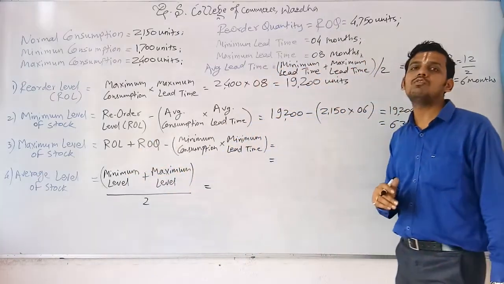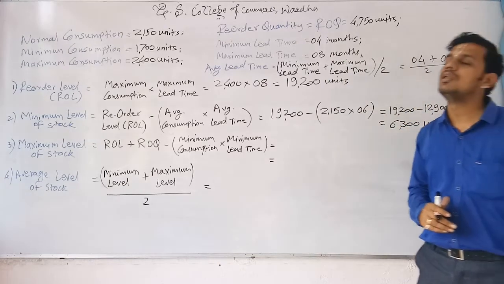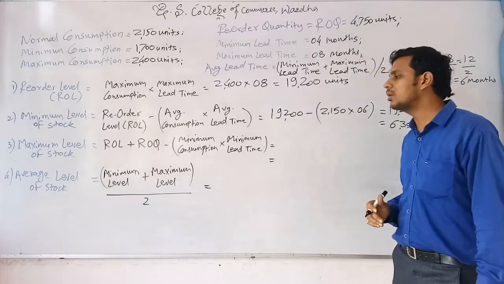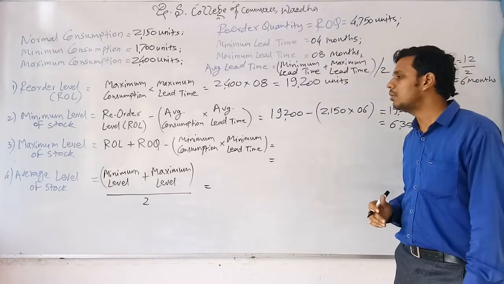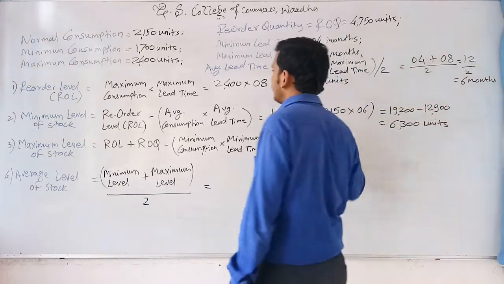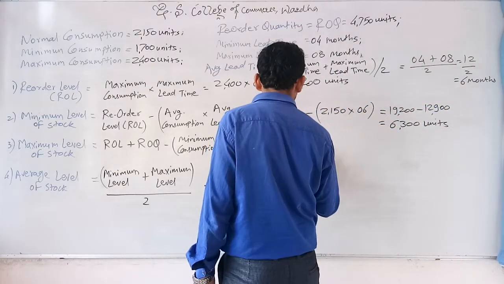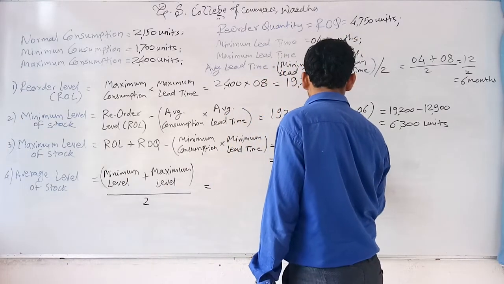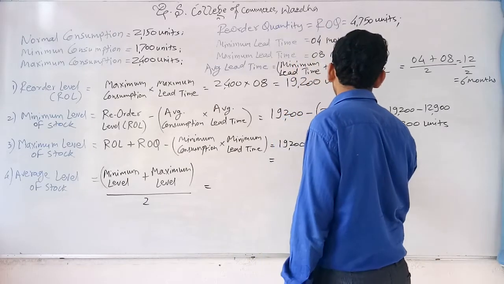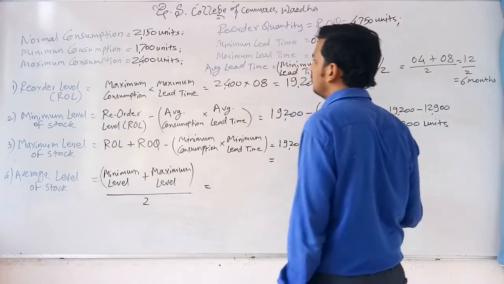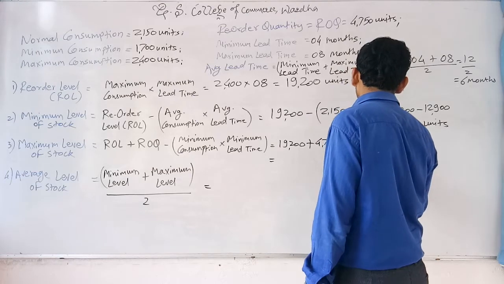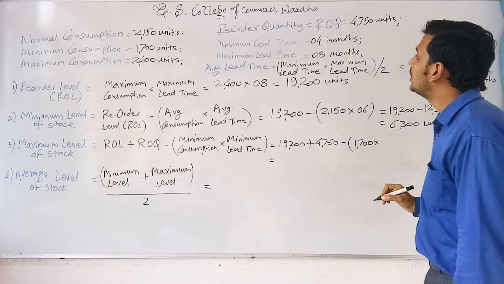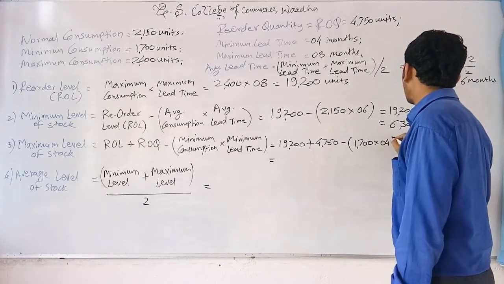Now we would move towards the calculation of maximum level of stock. The formula is reorder level plus reorder quantity minus, in bracket, minimum consumption multiplied by minimum lead time. Reorder level we have is 19,200 plus reorder quantity 4,750 minus, in bracket, minimum consumption given as 1,700 units multiplied by minimum lead time of 4 months.